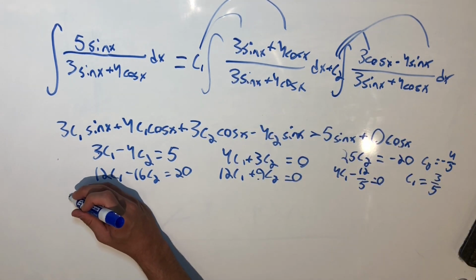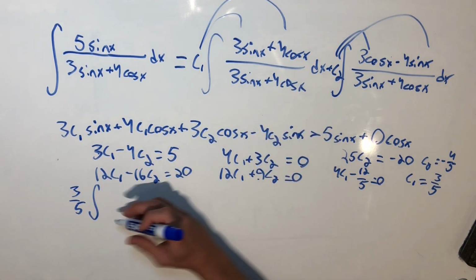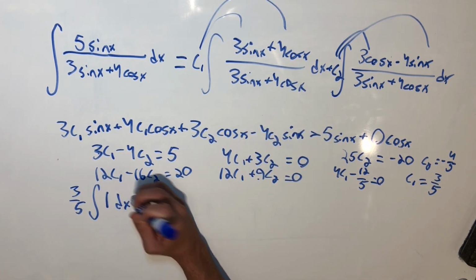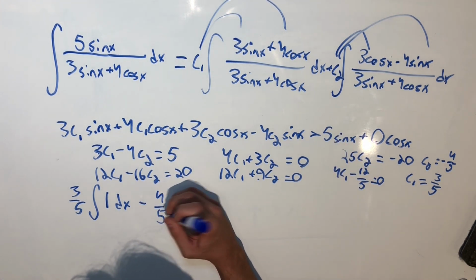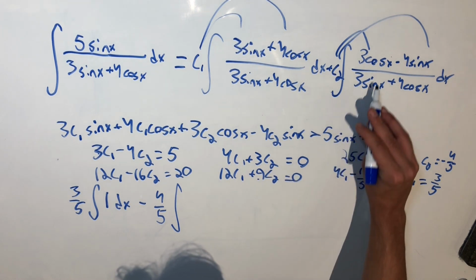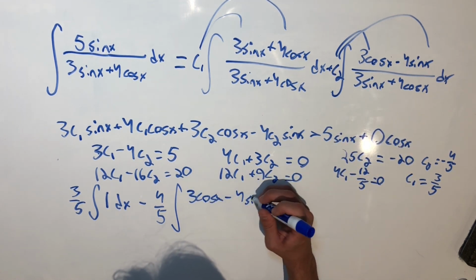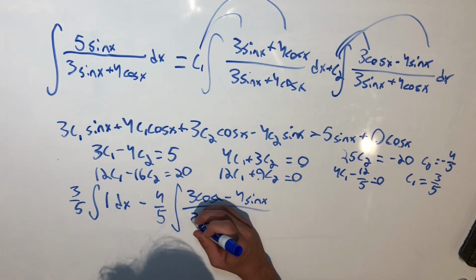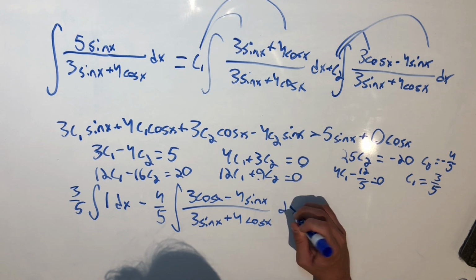Okay, now we can plug that back into here. So we now have 3/5 times the integral of this, which will just cancel out and give us 1. And now over here we have minus 4/5, the integral of 3 cosine x minus 4 sine x over 3 sine x plus 4 cosine x dx.